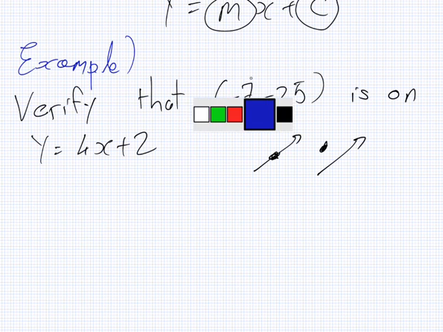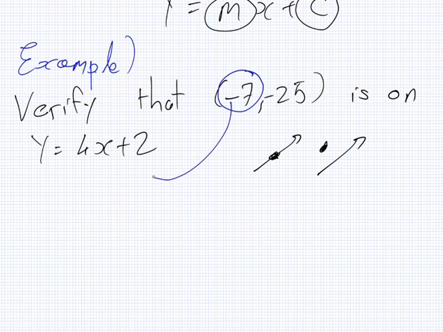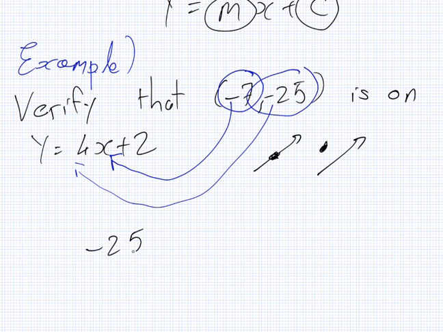So, what do I do with this? It goes here, yeah? And then what about this? Into the y. Yes. If it equals the same, it's on the line. If it's not equal, it's not on the line. So let's see. Minus 25 equals 4 times minus 7 plus 2.